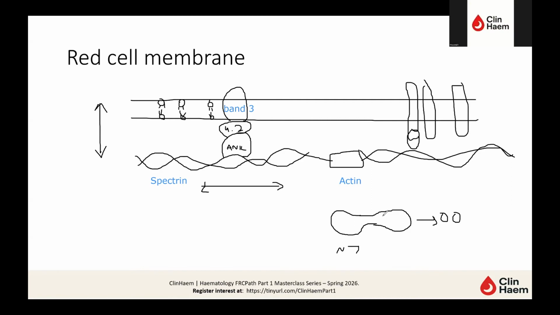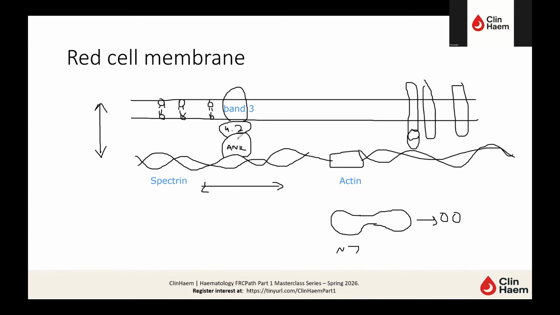But while squeezing through the capillaries, if the membrane is not anchored to the cytoskeleton, then as it's passing through, part of the membrane is going to be left behind because it's not strongly linked to the spectrin. So if these things are absent, then while the cell is passing through narrow capillaries or otherwise, this part of the membrane is not going to be anchored firmly to the spectrin, and it's just going to bud off and disappear.